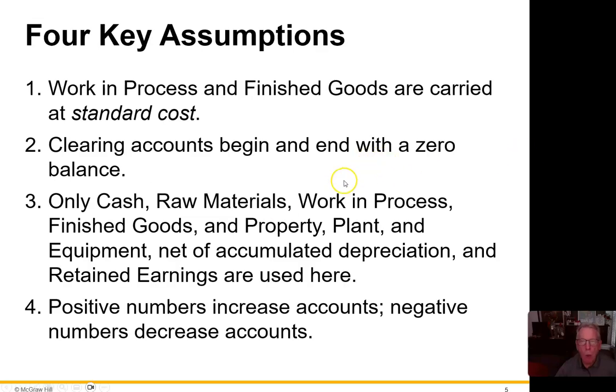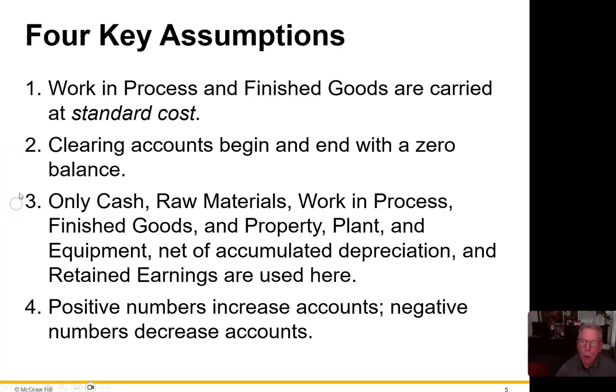All right, the four key assumptions here are, number one, work in process and finished goods are carried at standard cost. That's pretty much true for any manufacturing company. Two, clearing accounts begin and end with zero balances.